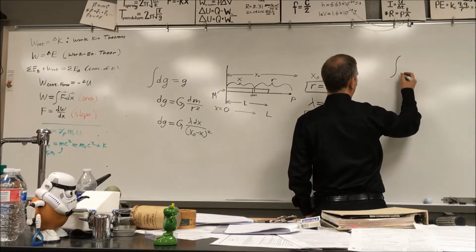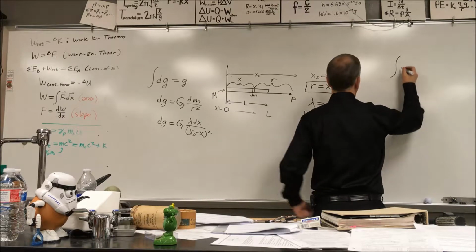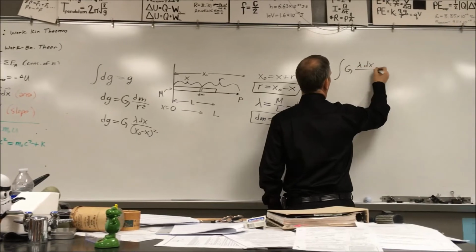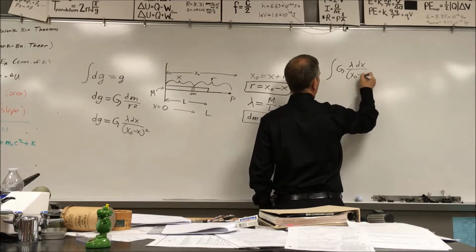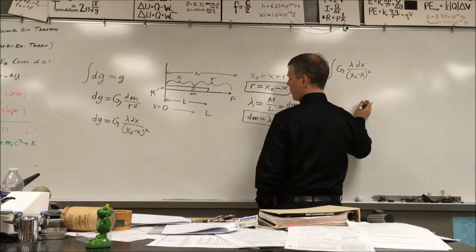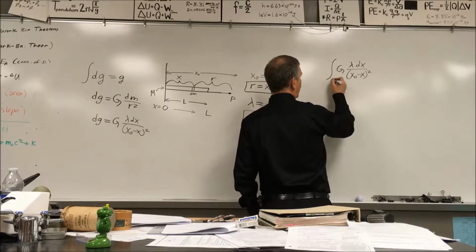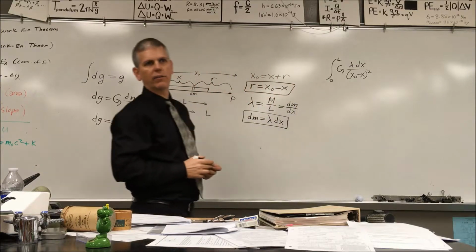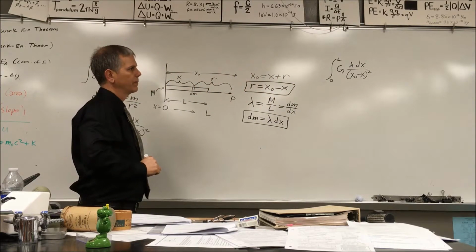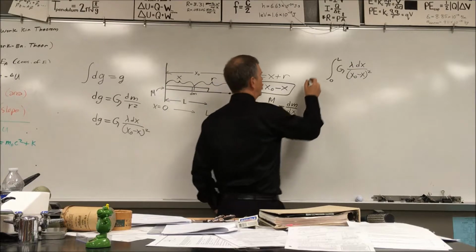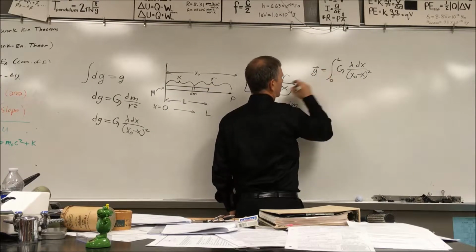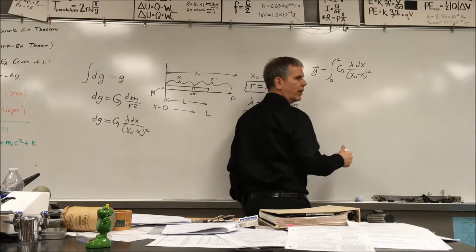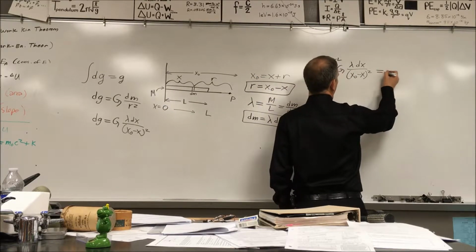We are going to take the integral of big G, lambda, dx, over x naught minus x squared, I believe I got that right, and we're going to add them up from where x equals 0 to x equals L, the end of the bar. And that will give us g. I see a constant and a constant, and of course they come out of the integral.